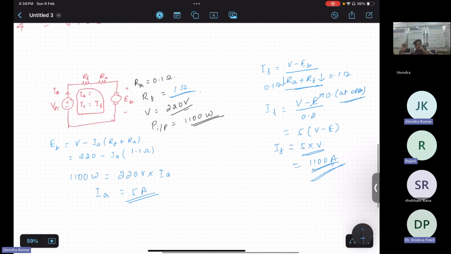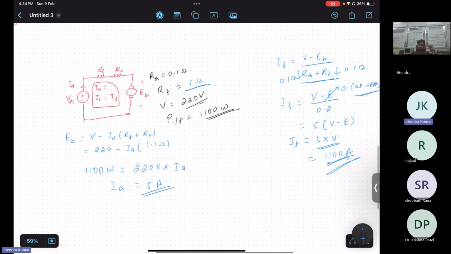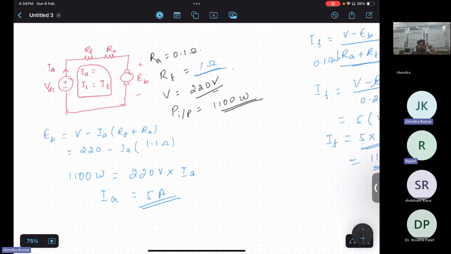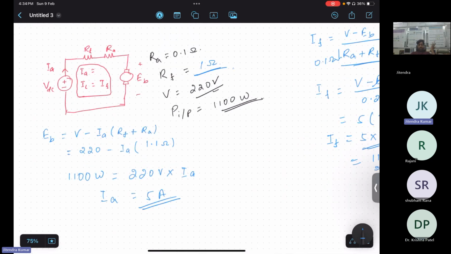That is why a series motor does not get loaded at starting. So you rotate it till a certain speed, and then you load the machine. Right? Any doubt regarding this concept? Yeah, this statement you will hear quite often, that why a DC series motor is not loaded at starting. So that's the answer to this.